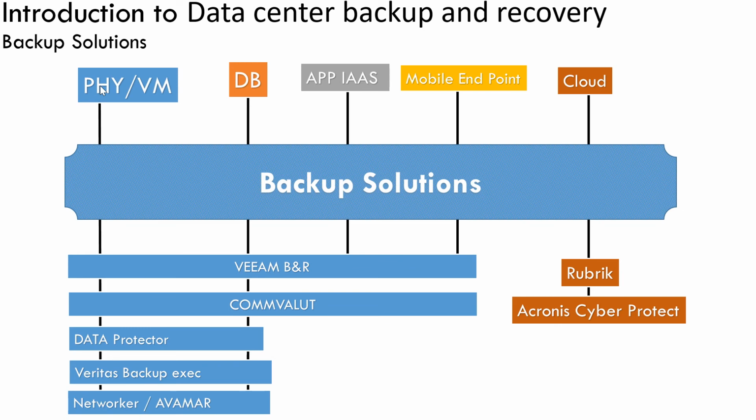You can back up your physical server, your virtual machine, your database, your enterprise application like IaaS. For example, if you have Office 365, you can back up. There are many different comparisons here. You have endpoint backup, mobile endpoint. For example, you can back up your phone or your tablet or your endpoint device. Okay, for the cloud, we have here Rubrik and Acronis Cyber Protect for backup.